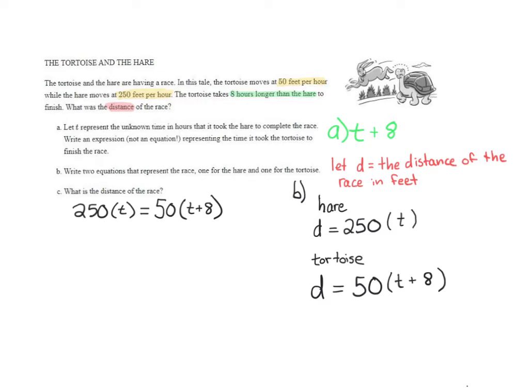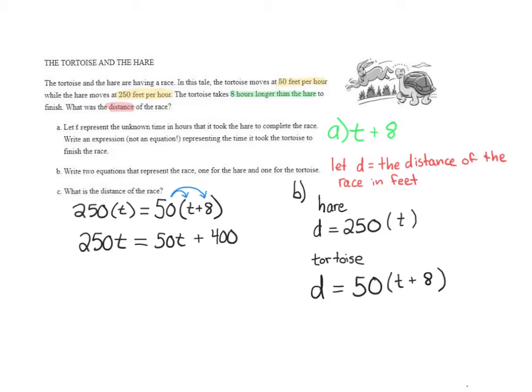My first step here, I'm going to rewrite the left as 250T. And on the right, I'm going to distribute my 50 to both terms inside the parentheses. So I get 50T plus 8 times 50, which is 400.